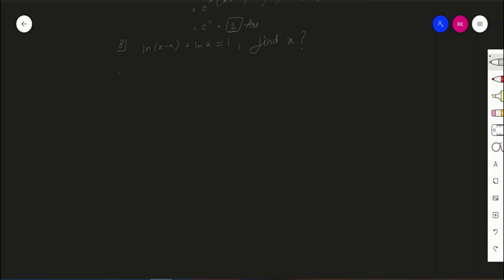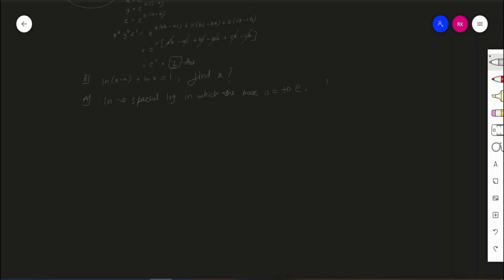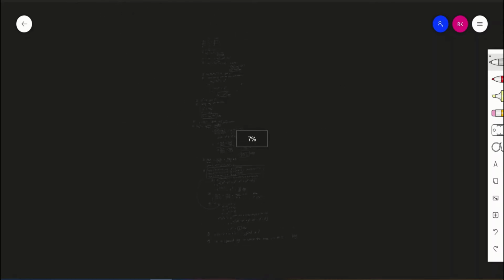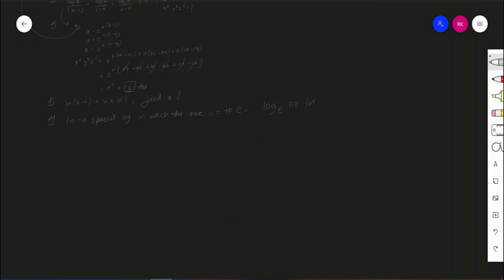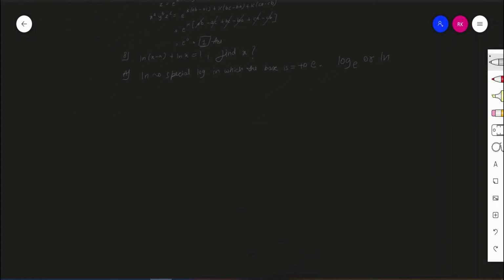So basically ln is a special log in which the base is equal to e. So if you write log e or ln, they mean the same.